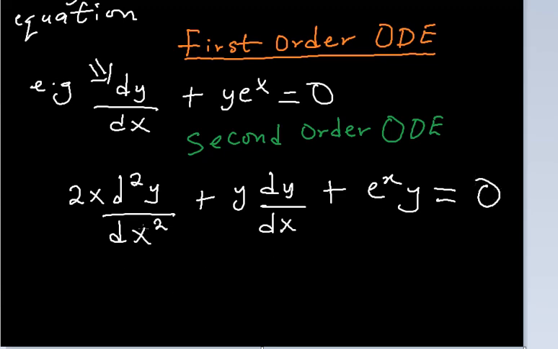Once you see such a descending order of derivatives starting from the second order, it shows that this is a second order ODE. I hope that is well understood.